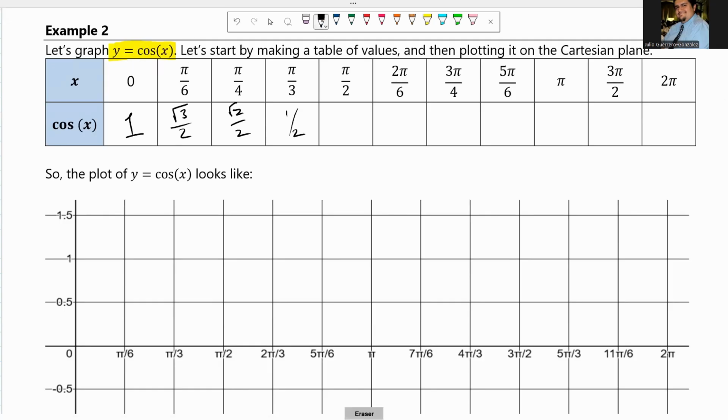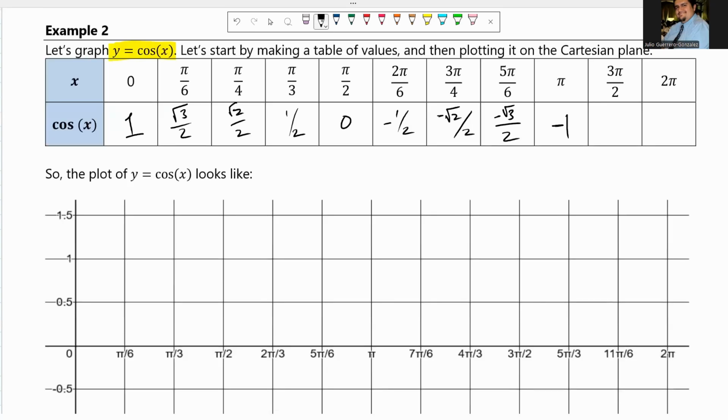So then this is going to be 0. And then it starts going negative. You guys see that? So it's going to be negative 1/2, negative root 2 over 2, negative root 3 over 2, and negative 1, right?